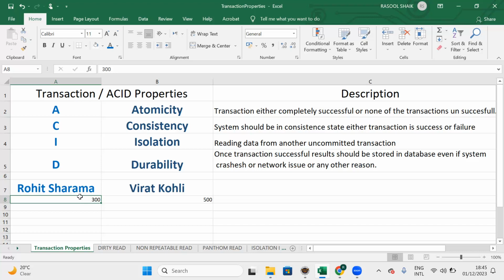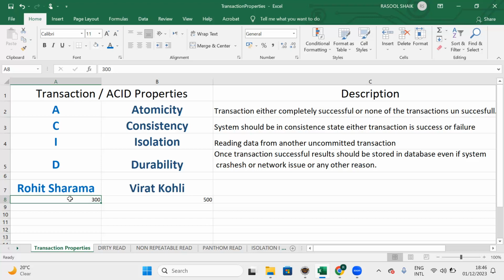Before transferring funds to Virat Kohli, the total sum of both bank account balances will be 800. If you calculate 500 plus 300 it is 800, or 300 plus 500 is 800.